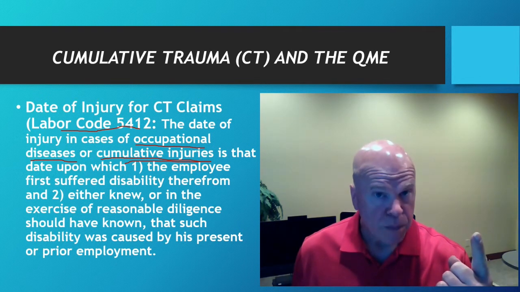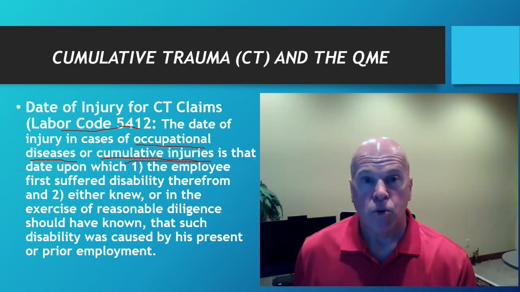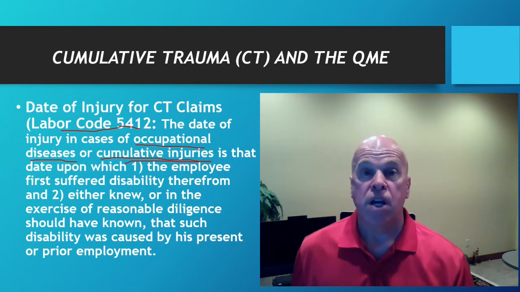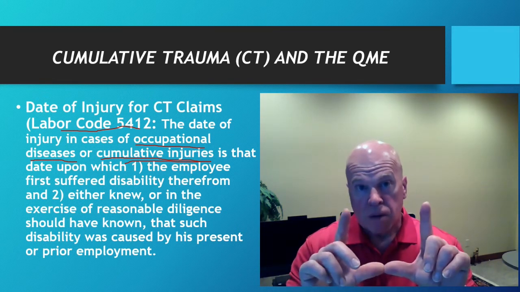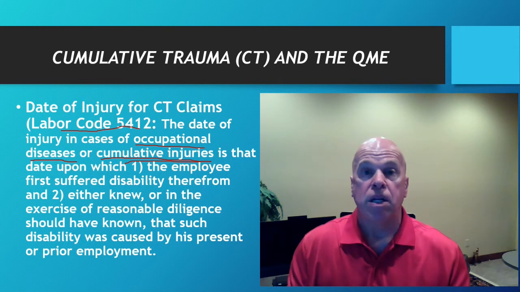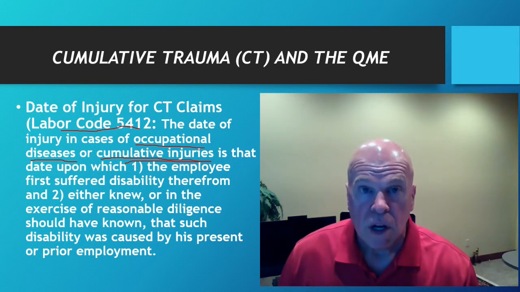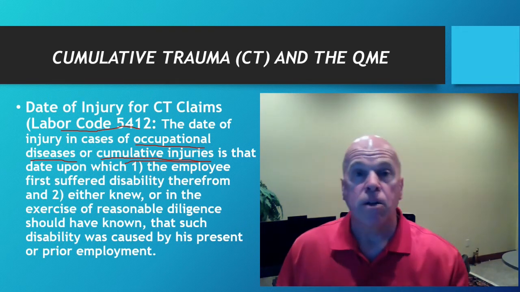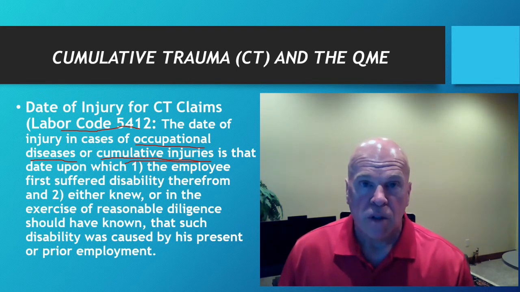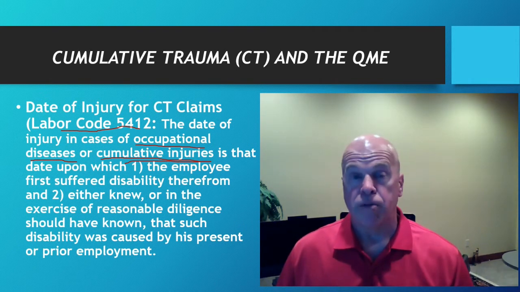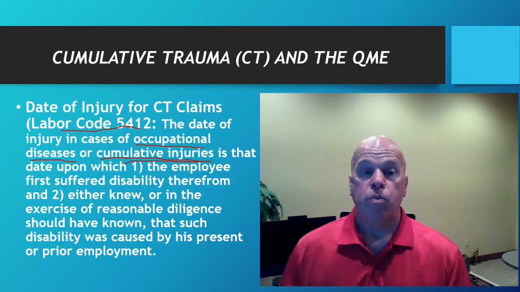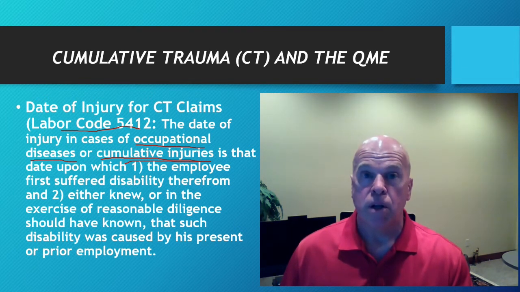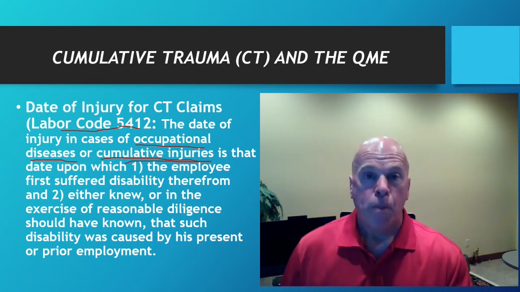This date can be difficult to establish because, if this case is filed post-employment, it could be that the employee never suffered compensable disability during the employment relationship. The examinee could have retired, never suffered disability, but a year later file a claim for cumulative trauma injury for the period of time while the employee was employed. So this date can be difficult to determine, whether or not there even was compensable disability.